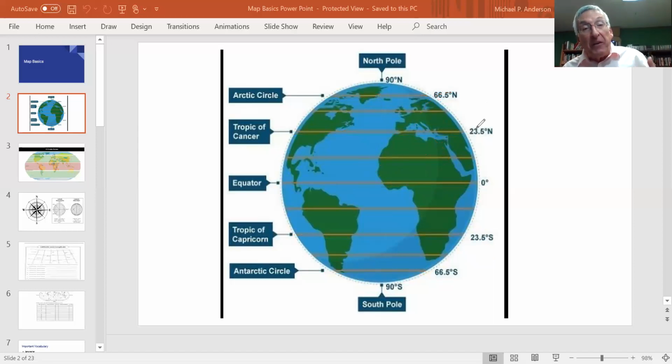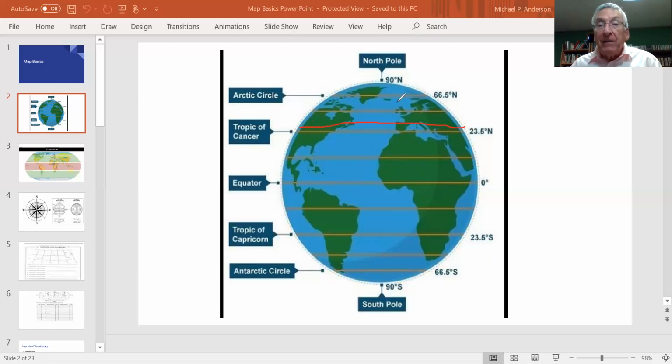Now, what's the significance of the Tropic of Cancer and the Tropic of Capricorn? Tropic of Cancer, that line right there that goes around the world, that line is the northernmost line at which, at some point during the year, the sun will be directly overhead.